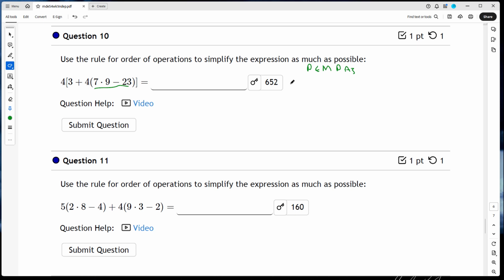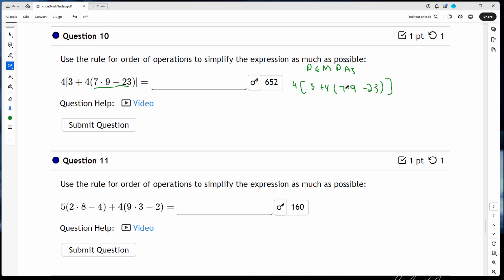Then I'll write my expression underneath it. The bracket is a style thing. It lets us know there's another set of parentheses inside. So we have parentheses inside parentheses. So we start with the innermost set, following the order of operations.